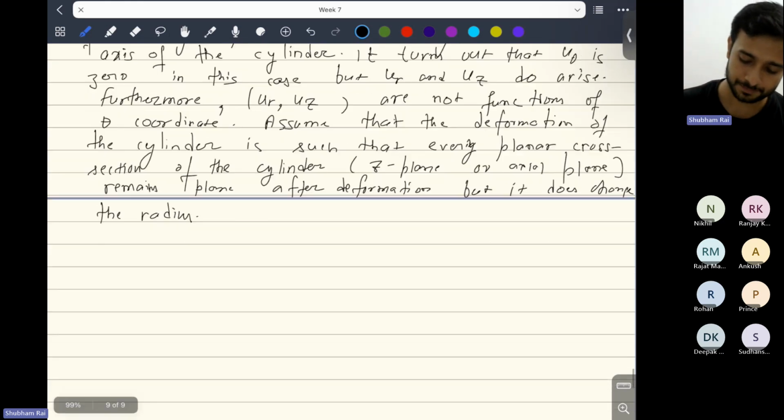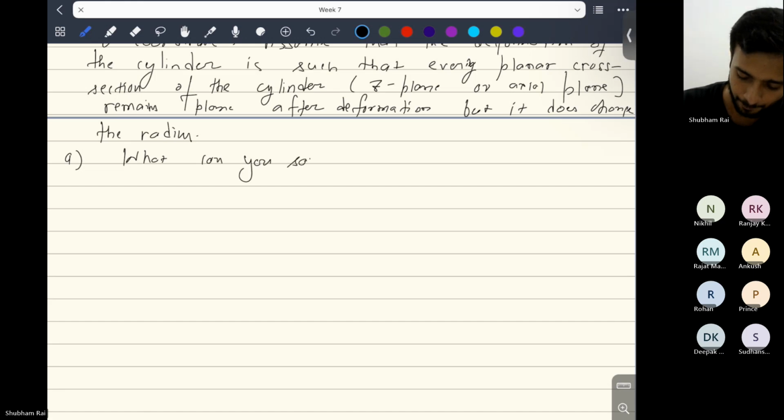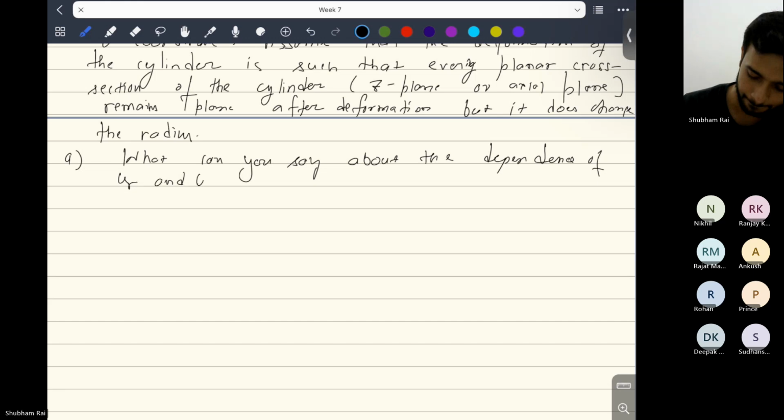Now what you need to find out is, in part A, what can you say about the dependence of ur and uz on radial and axial coordinates.